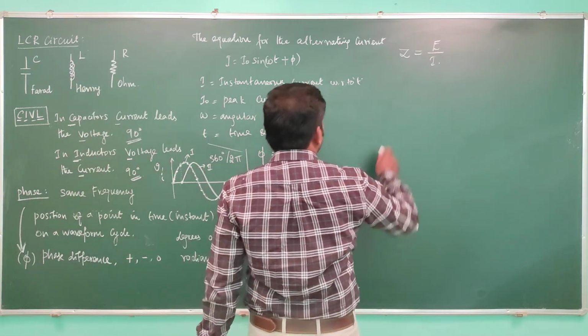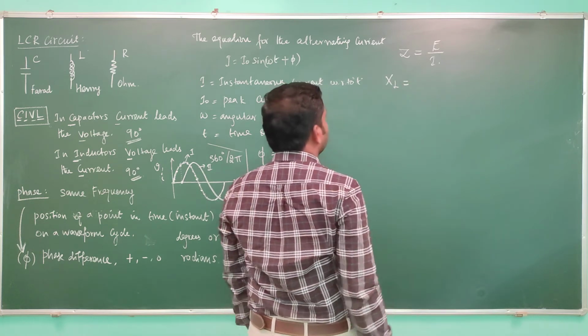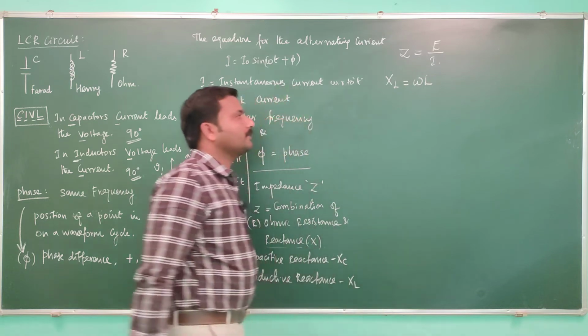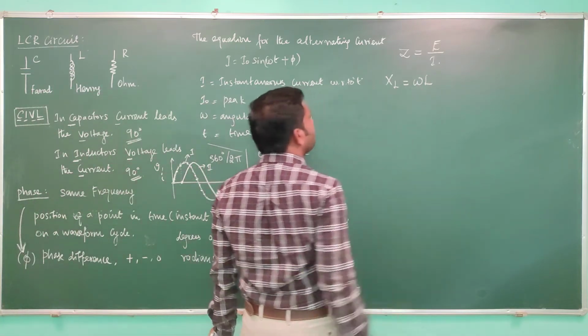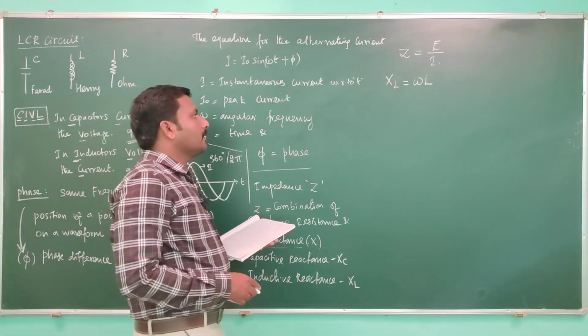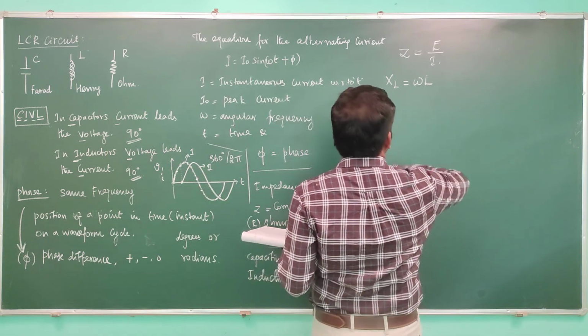Now, the inductive reactance can be represented by the product of the angular frequency of the alternating current and the inductance L of the component which offers the inductive reactance.